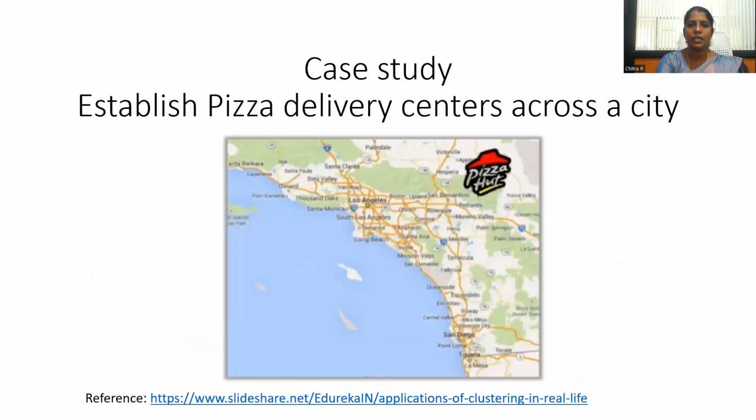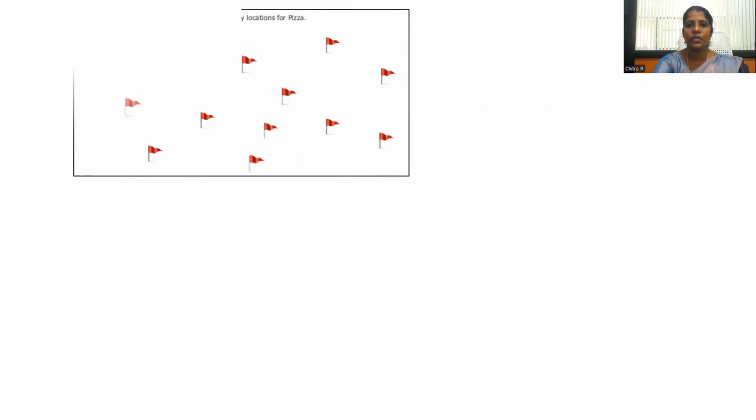For example, consider establishing pizza delivery centers across a city. There are so many pizza shops, and we should identify the pizza boy to deliver the pizza. For that, we can use K-means clustering to identify which cluster a particular location belongs to. Consider these points as the delivery locations.